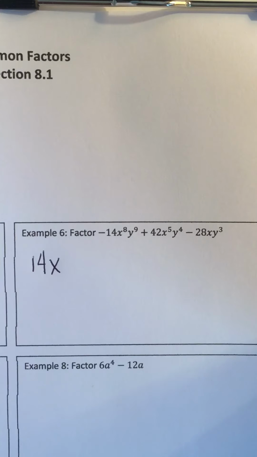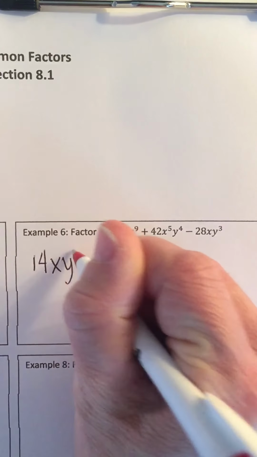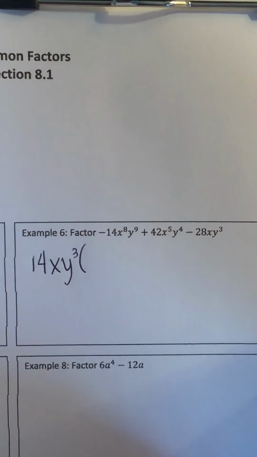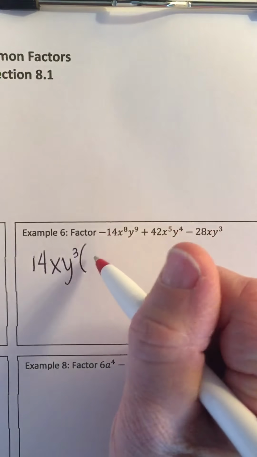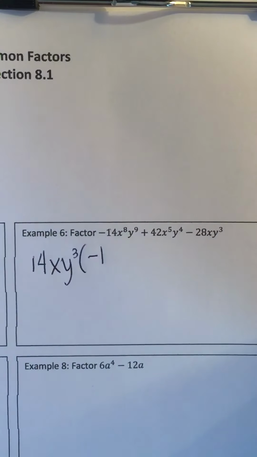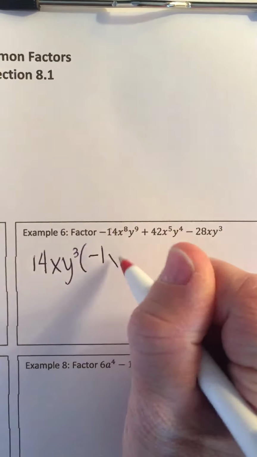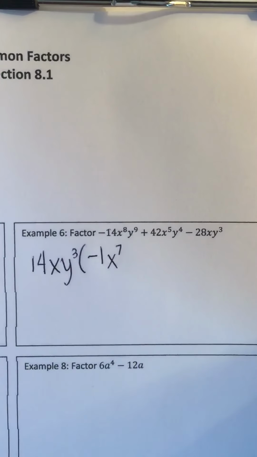Looking at the y parts of it, the largest y that is in all 3 terms is y cubed. So inside our parentheses, it's going to be 14 times negative 1 to get our negative 14. We have 1x outside, so we need 7 more inside.